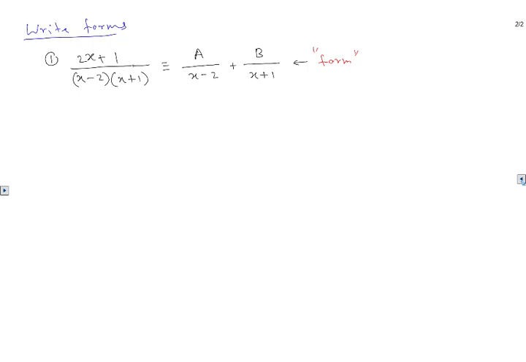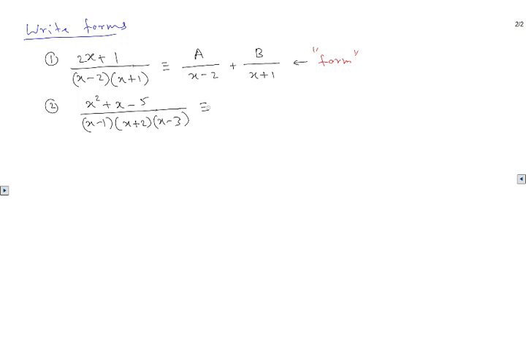Let's look at another problem. Let's say we have x squared plus x minus 5 over x minus 1, x plus 2, x minus 3. We also use the identity sign. It's not equal, they are identically equal. Identically equal means they are exactly the same on the two sides.